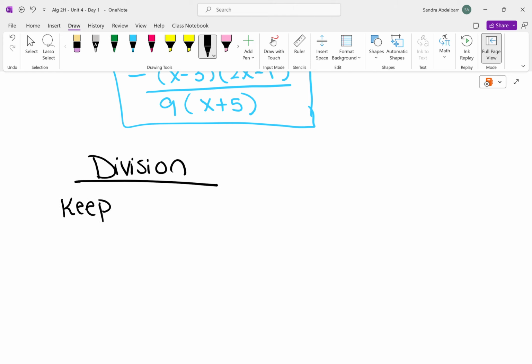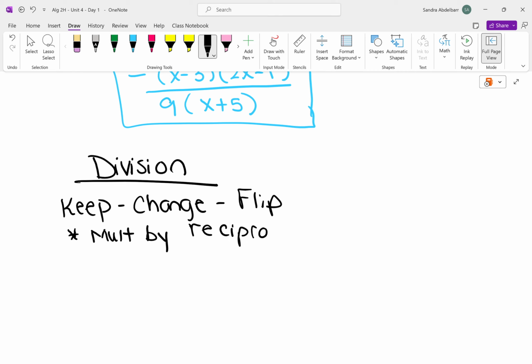Keep, change, flip. Remember that? Keep, change, flip. No, you guys never learned that. Keep, change, flip. When you're dividing, you keep the first fraction the same. You change division to multiplication and then flip to the reciprocal. So in high school, we just say multiply by the reciprocal. I like keep, change, flip.